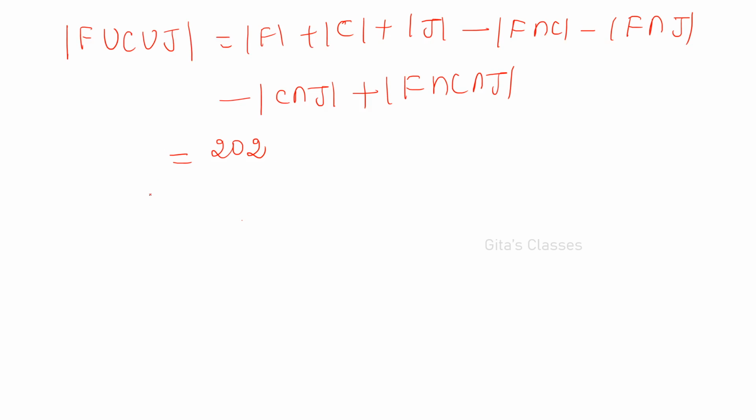Now what do you want? How many students have not registered for any of these courses? This is at least one course, either Fortran or C or Java or 2 or 3 combined. Minimum one subject at least. So at least one subject they have registered means this is our F union C union J. But what is asked is how many have not taken a course in any of the 3 languages.